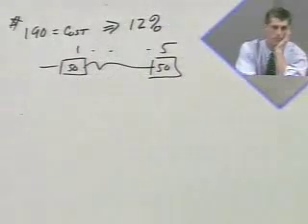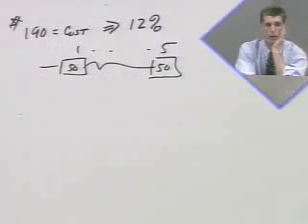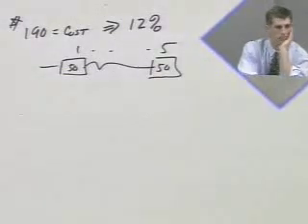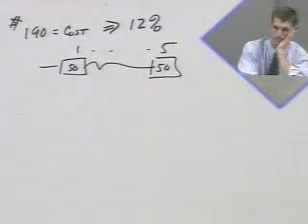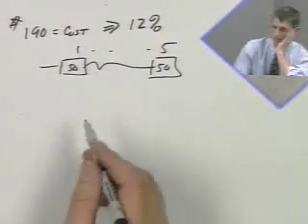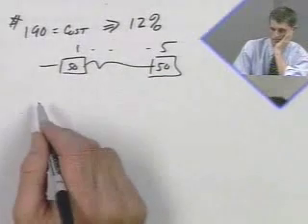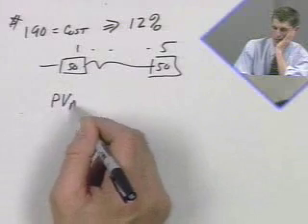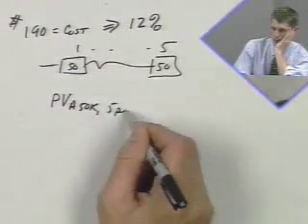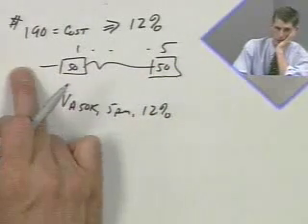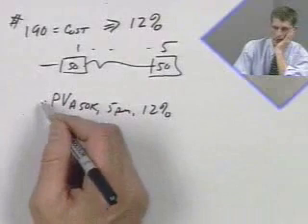What's my question? Should you buy the machine? How do you calculate that? How do you make that decision? Is the present value of $50,000 over a period of 5 years at 12%, so if we take the present value of the annuity of $50,000 for 5 periods at 12%, is that greater than, and that would be the present value of the benefits from owning this machine, we would compare that to what?